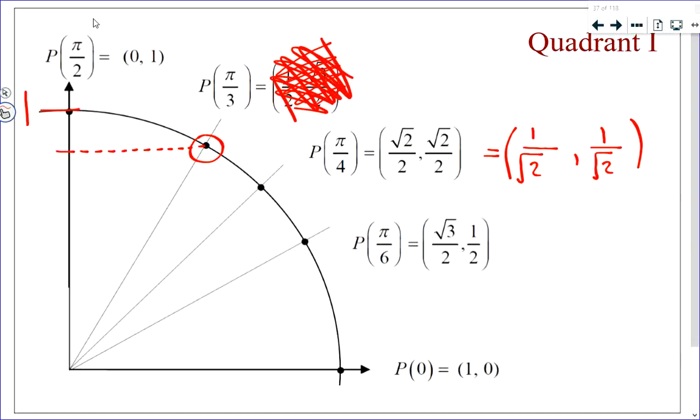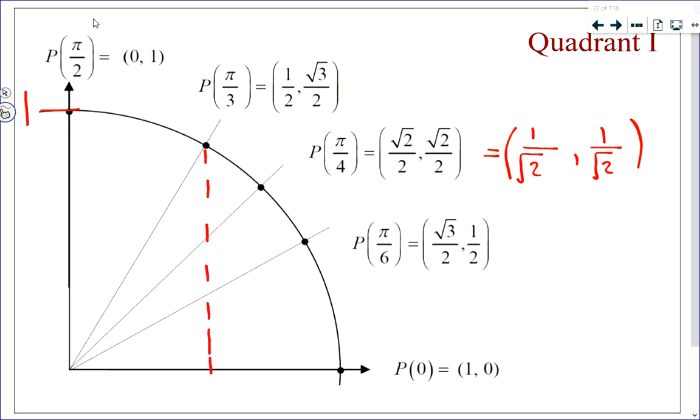And just by doing that quick peek with your eyeball, that tells you that the y coordinate here must be root 3 over 2. And just to check this out, if I were to extend this point down to the x-axis, I think you can see that that's intersecting the x-axis at about half of the radius of the circle, which is 1/2. There are certain tips and tricks that I think you can use in order to determine these numbers.